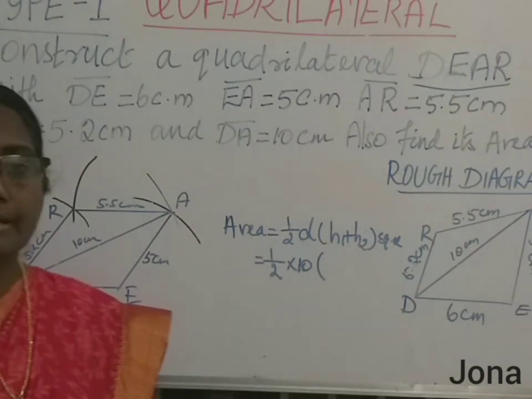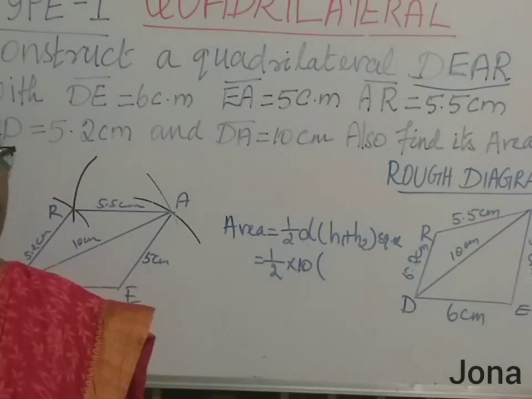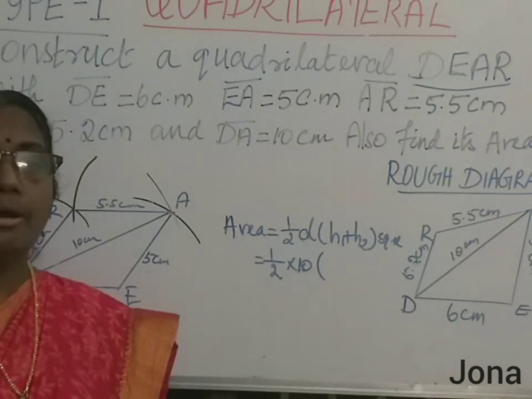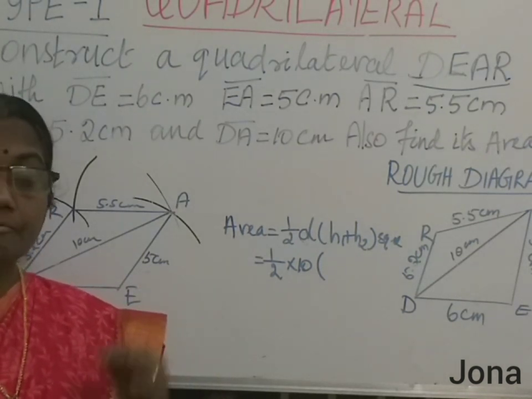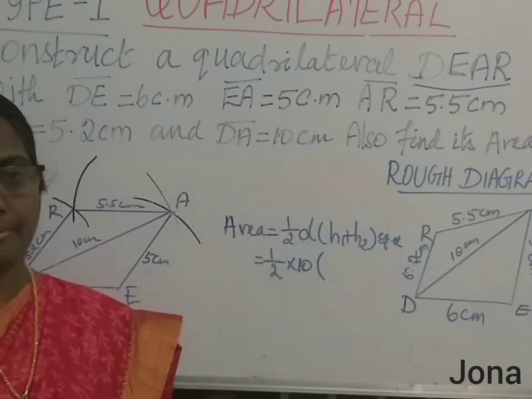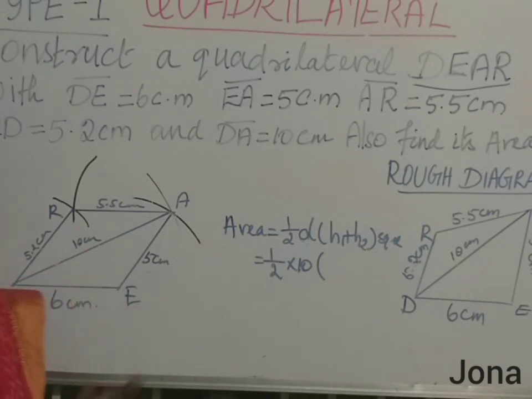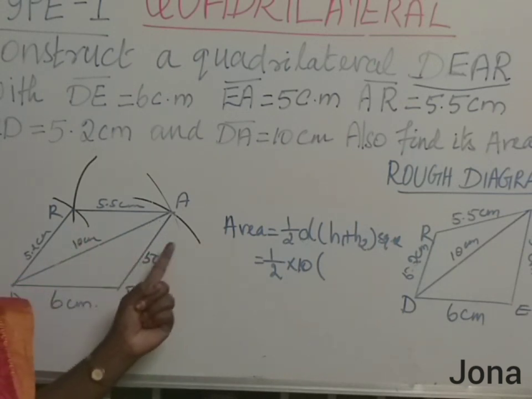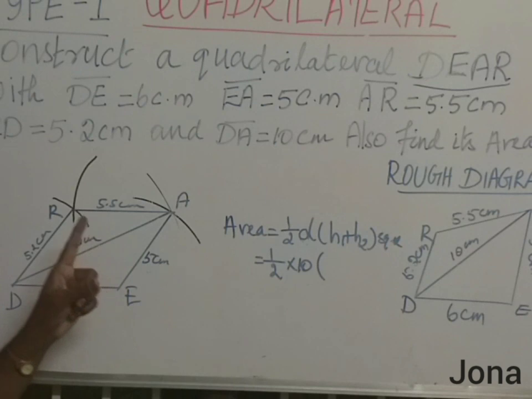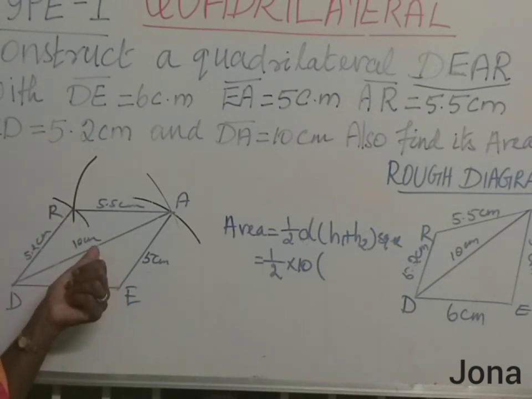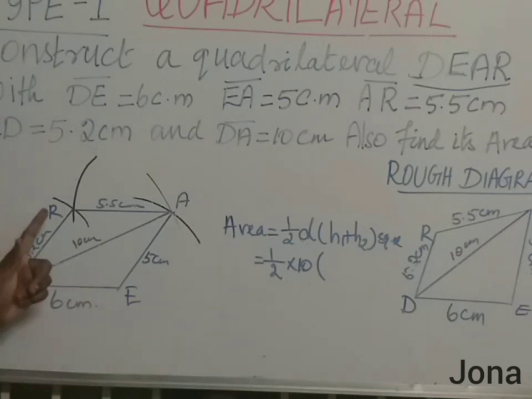Here H1 and H2 we want to find from the diagram. What do you mean by H1? H1 is a perpendicular line drawn from the vertices to the diagonal. We have the diagonal already, so the remaining two vertices E and R are there. From E we have to draw one perpendicular line and from R we have to draw another perpendicular line. That is called heights.